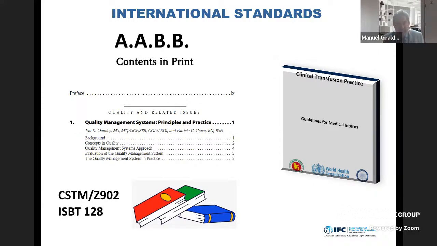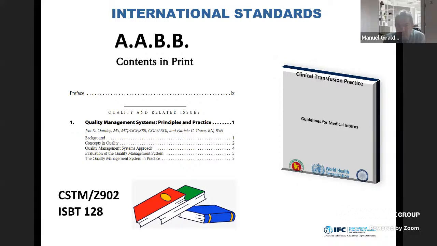When it comes to the standards, there are many available, and when you Google it, you'll find different organizations and bodies who have developed requirements and standards for blood banking and for transfusion medicine. One of the major, very well-known ones is AABB. Then you have CSTM, which is the Canadian Society of Transfusion Medicine.